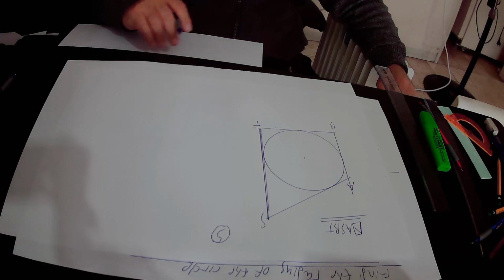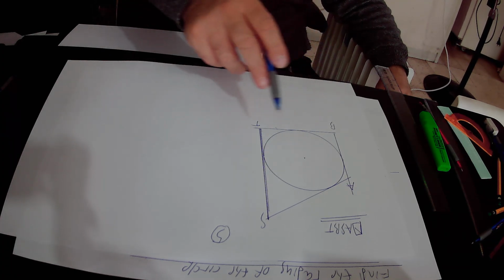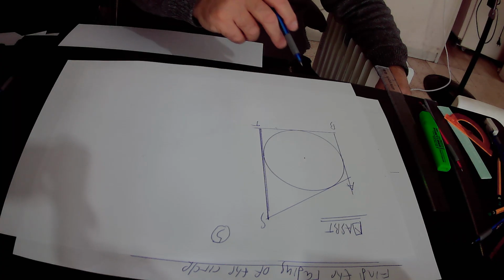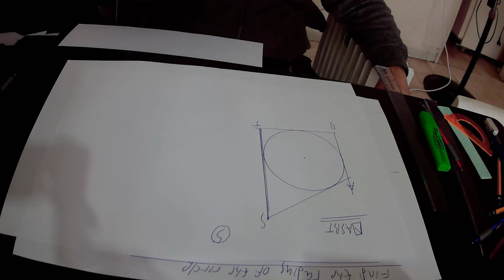So actually, this is quadrilateral ASBT with the circle that is inscribed inside it, that I copied from the original drawing.